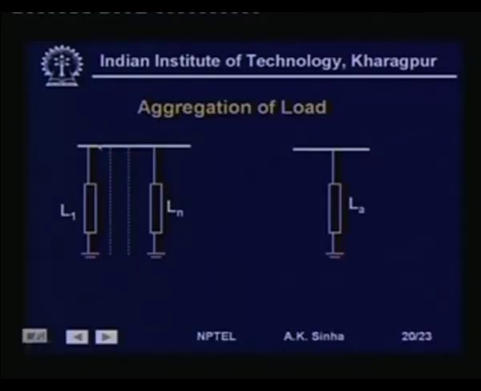That is, at a substation you have a large number of loads, and each of these individual loads will have different characteristics. What we need to do is aggregate all of them into one load on the substation. To do that, as I said earlier, we have to know the percentage of various categories of loads, and the division of various types of load in these categories.